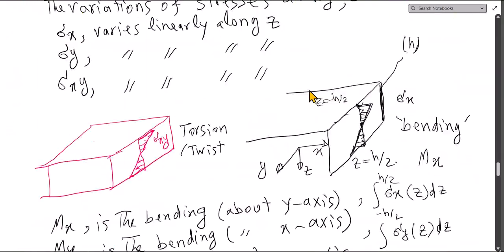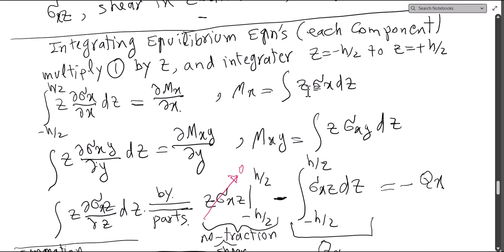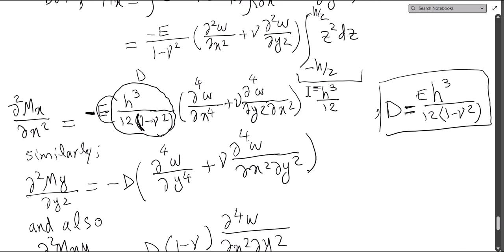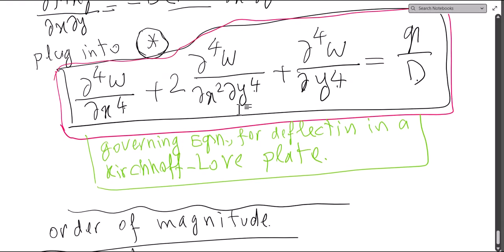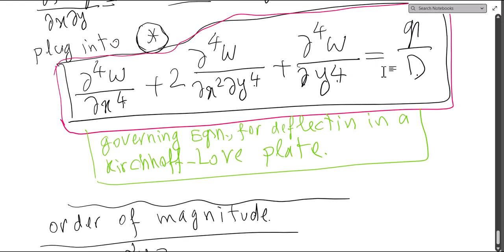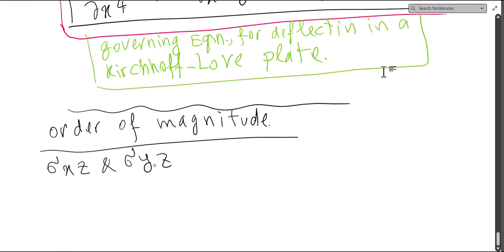And now we maneuver around it to get it back by some integration along the z direction, and we got to the beautiful biharmonic equation, which is so beautiful that we don't want to throw away. And actually, it works very well. But how well does it actually work?